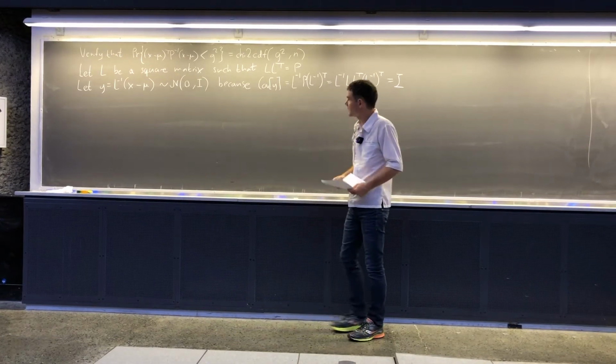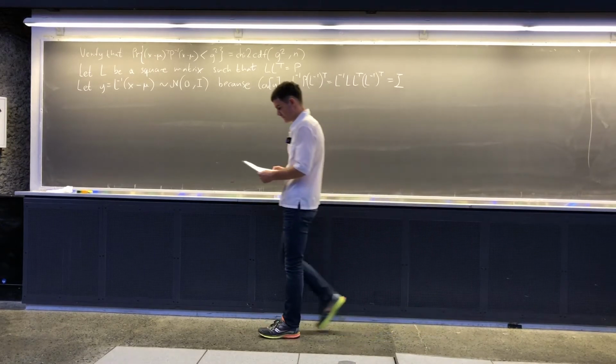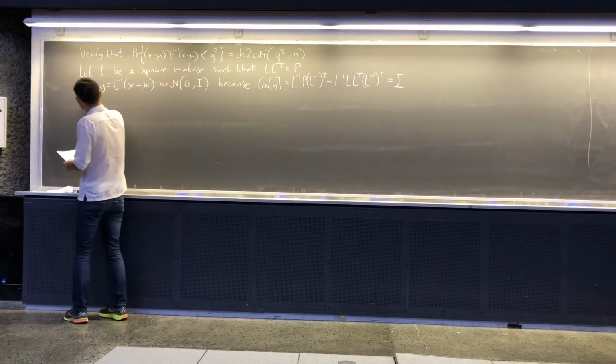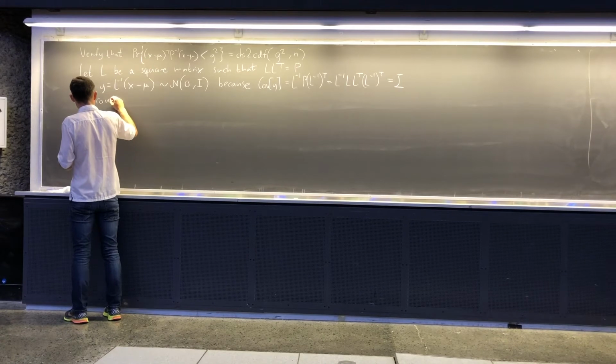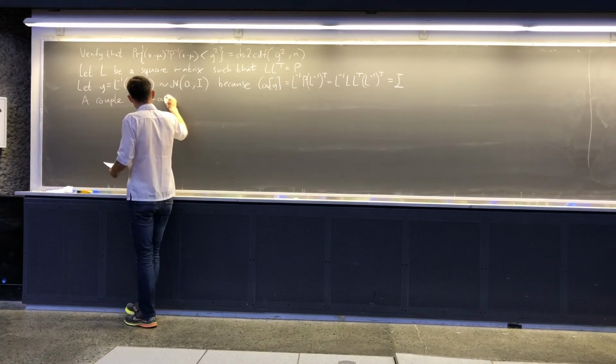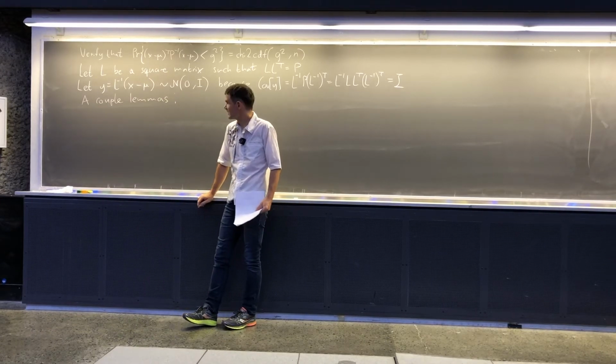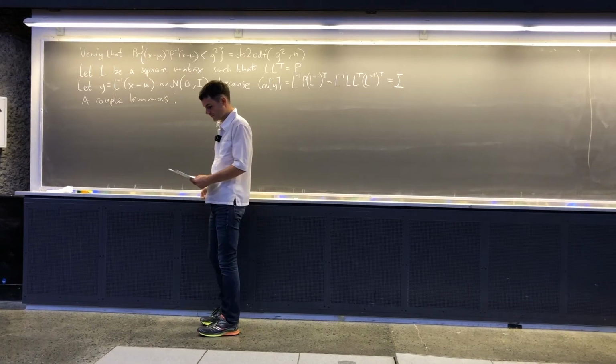And then I'm going to introduce a couple of more results that I'm not going to show right now. I call them lemmas, because a lemma is a mathematical result that I use to establish a more advanced theorem.